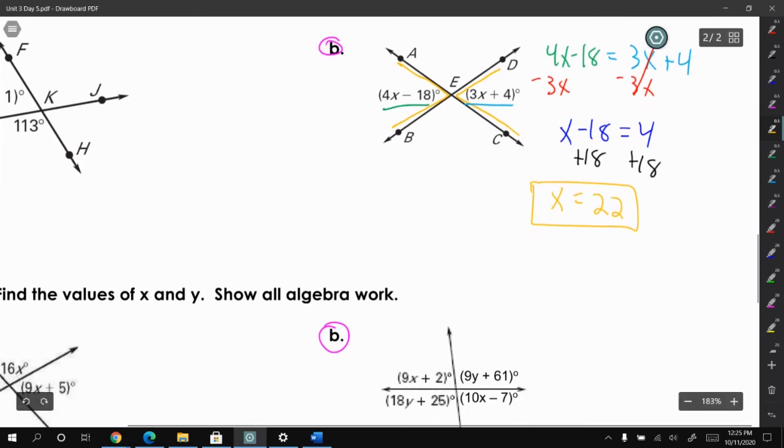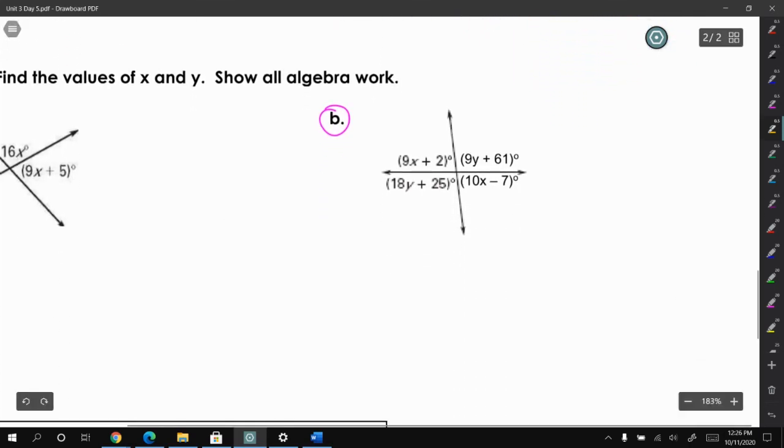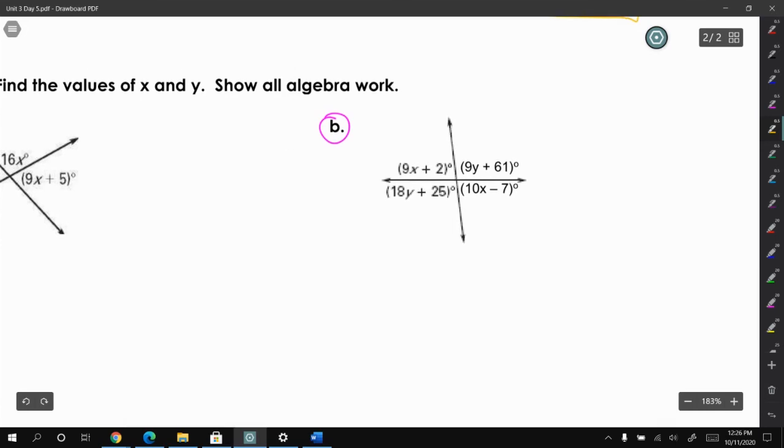Then, for example, for letter B, we have two variables. We have x and y. So I'm looking at these two angles for x, and those are vertical angles, so they are equal to each other. So 9x plus 2 is equal to 10x minus 7.